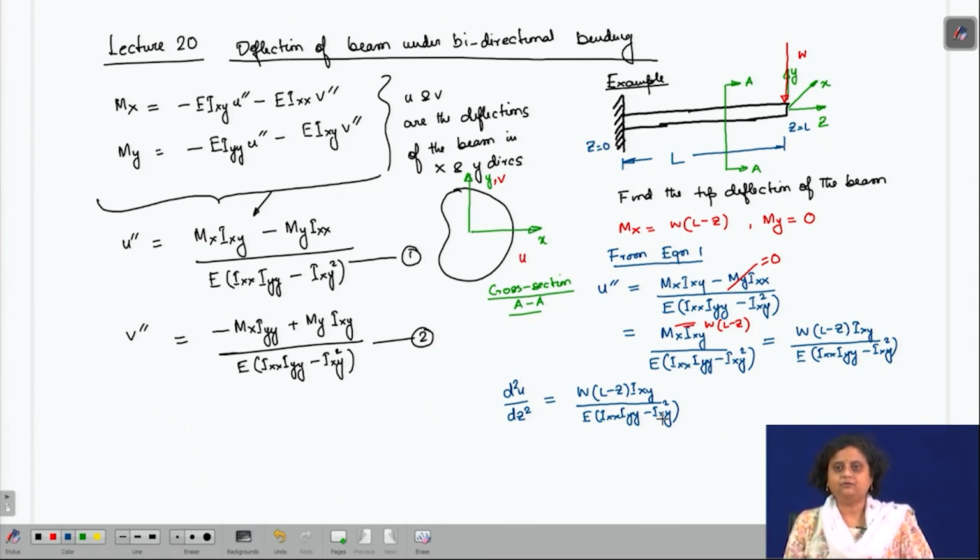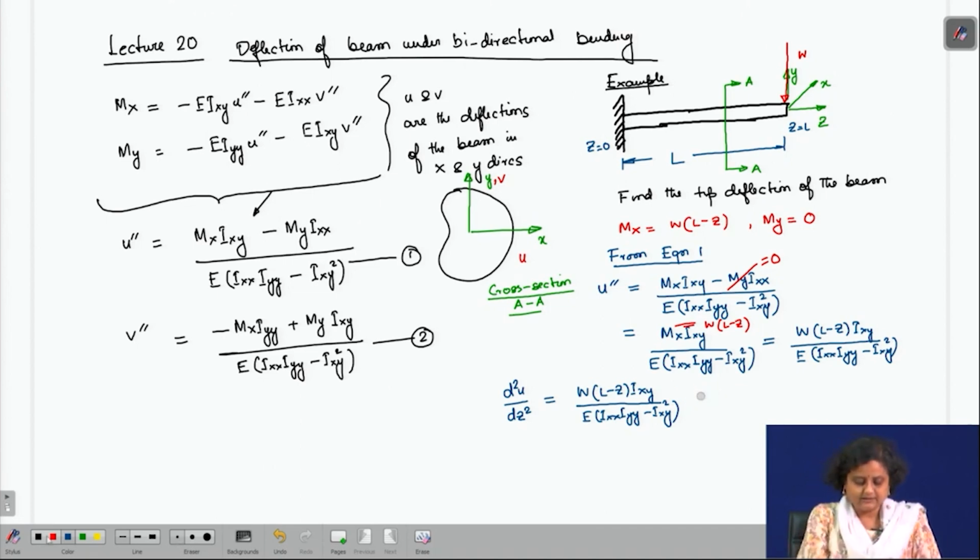Now, in order to find u, I have to implement the boundary conditions. Or let us first integrate and then impose the boundary conditions.